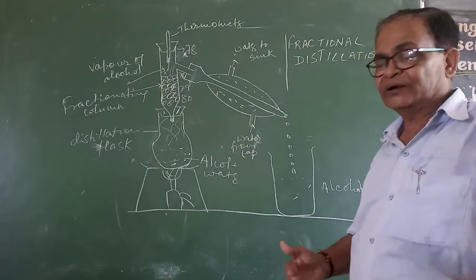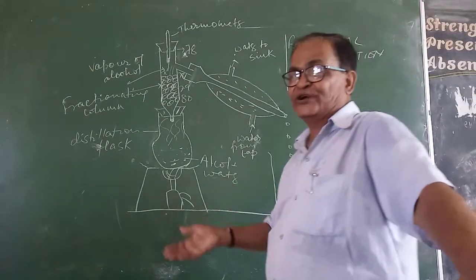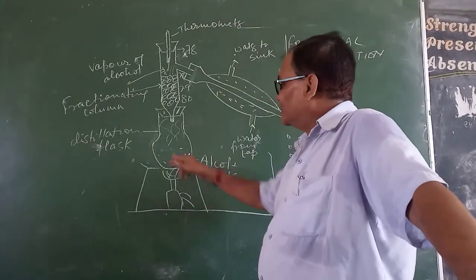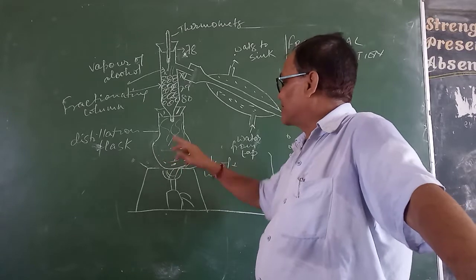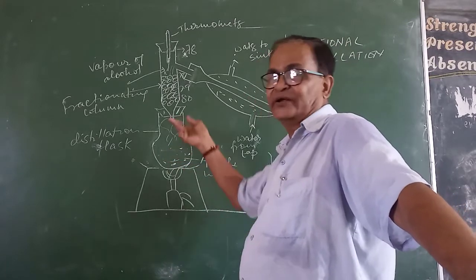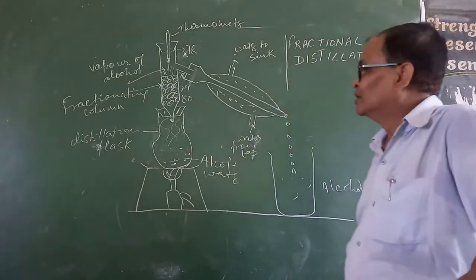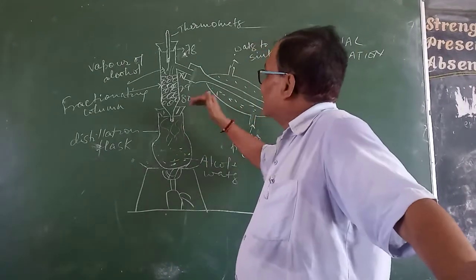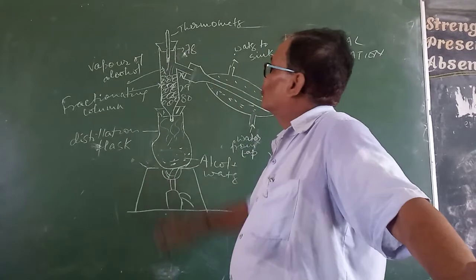Now we have to proceed towards the procedure. We take the alcohol and water mixture in the distillation flask and start heating the mixture. Water and alcohol both get evaporated and rise up in the fractionating column.